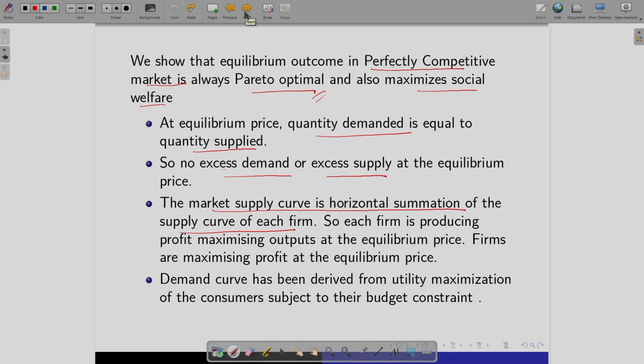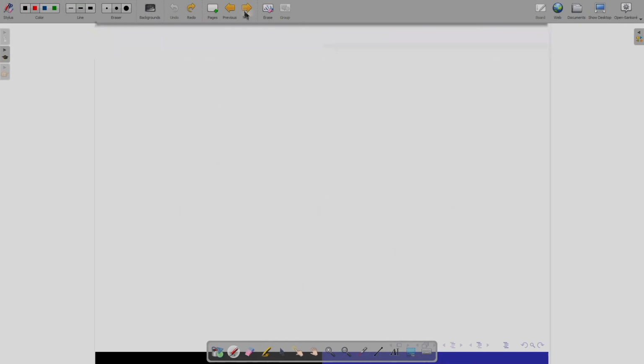Now, we will discuss that slightly later. See, suppose the market demand curve is something like this, and because it is a horizontal summation, it is the sum of two demand curves.